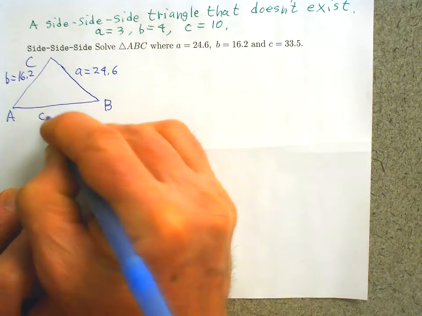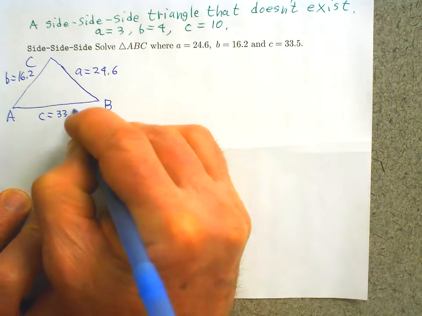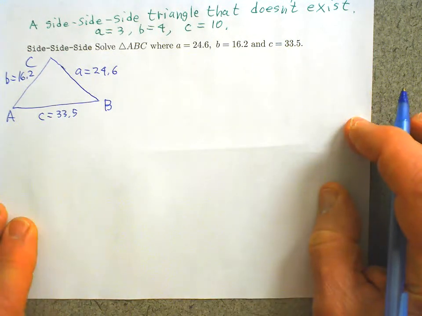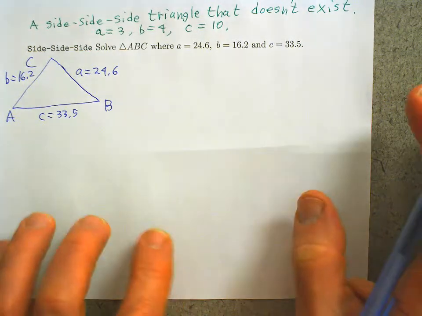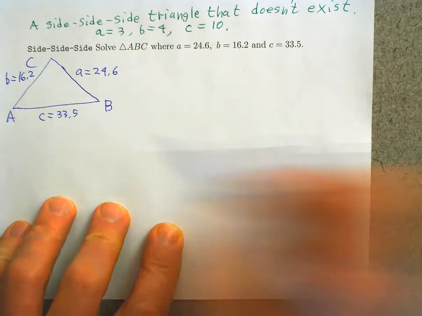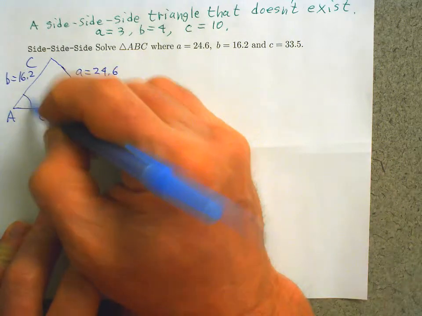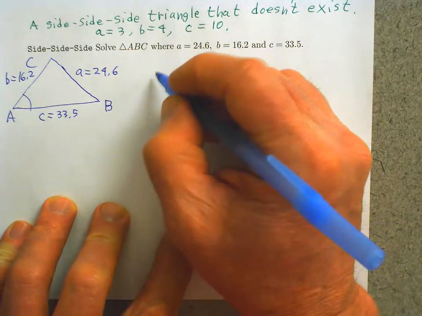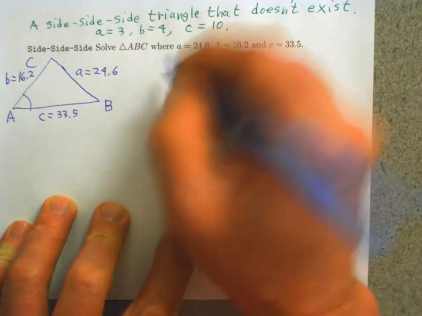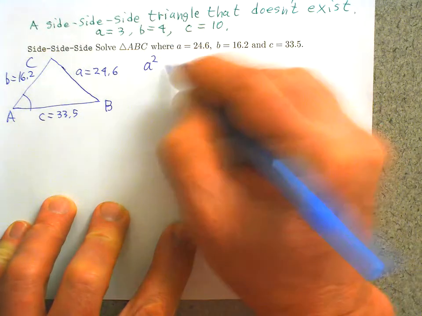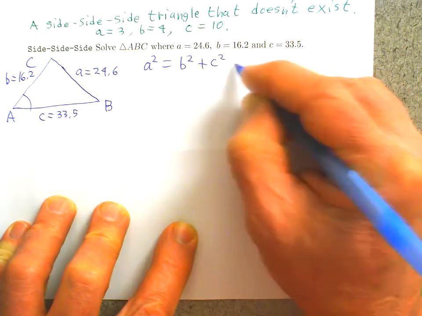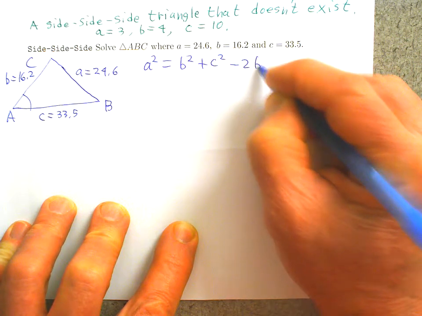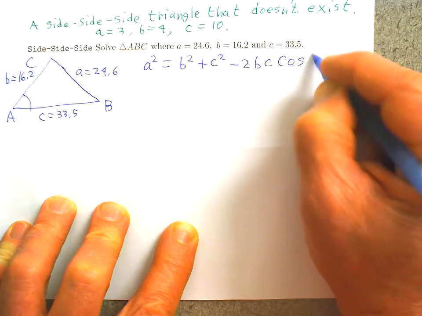C is given to be 33.5. So it's a toss-up on which angle to find first. If you want to find angle A first, then we use this formula, A squared equals B squared plus C squared minus 2BC times the cosine of A.